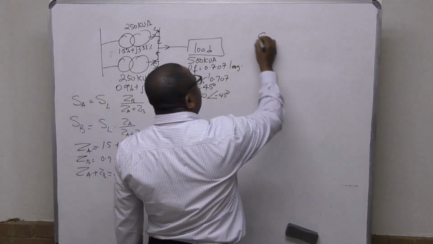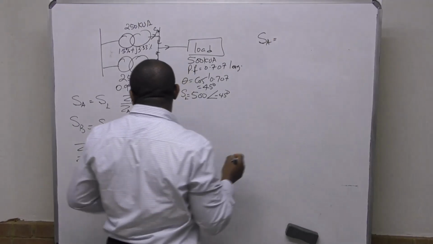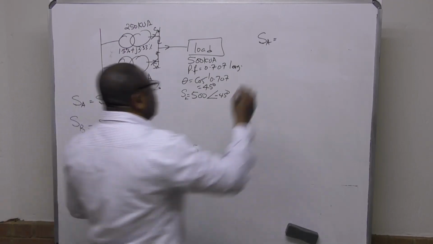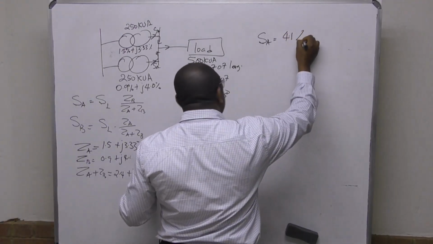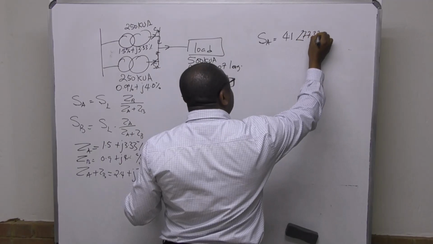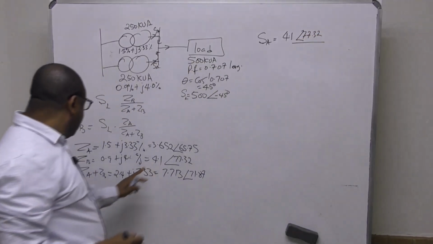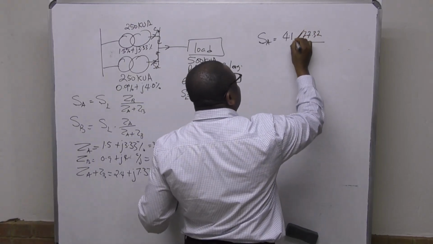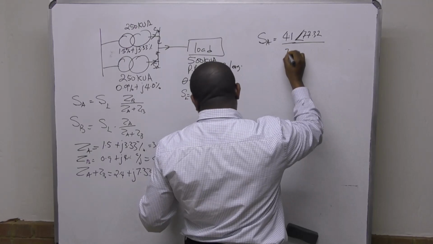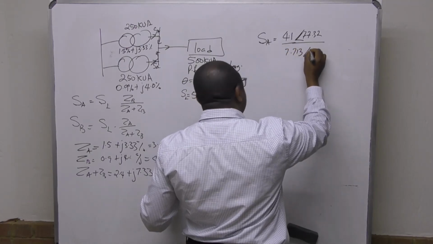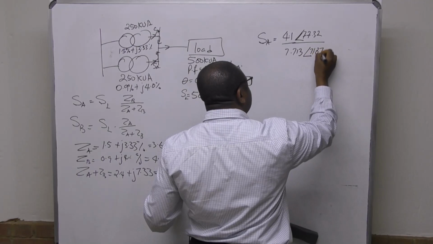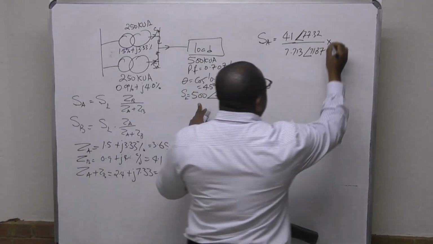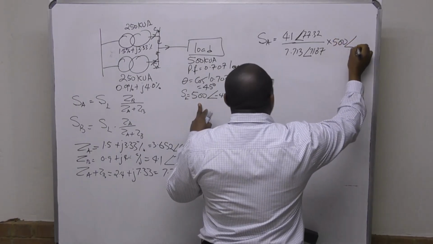So that SA will now be ZB, which is 4.1 with an angle of 77.32, over ZA plus ZB, which is 7.713 with an angle of 71.87, times S load, which is 500 with an angle of minus 45.